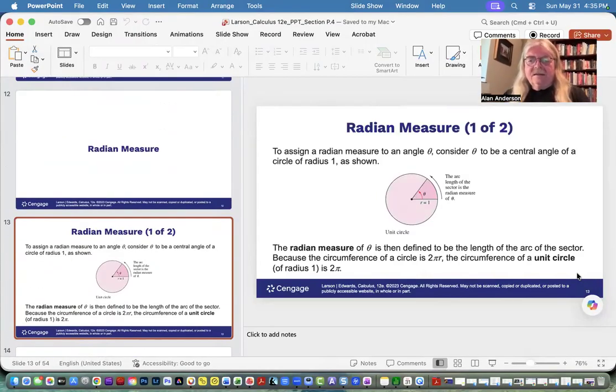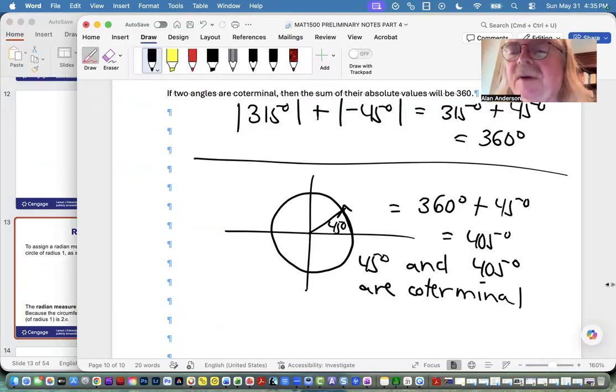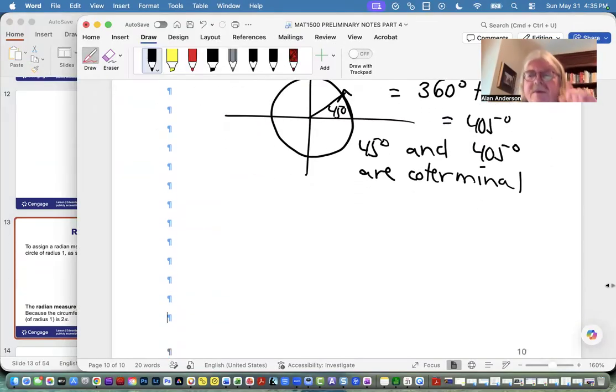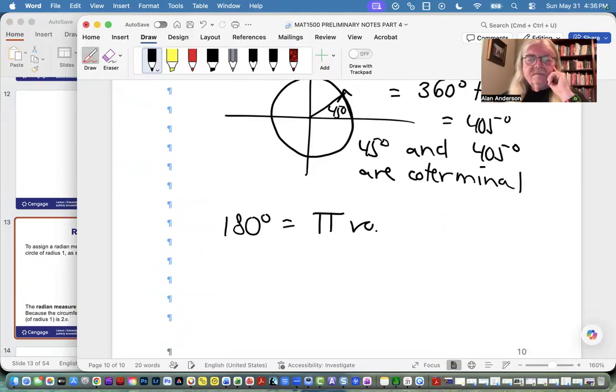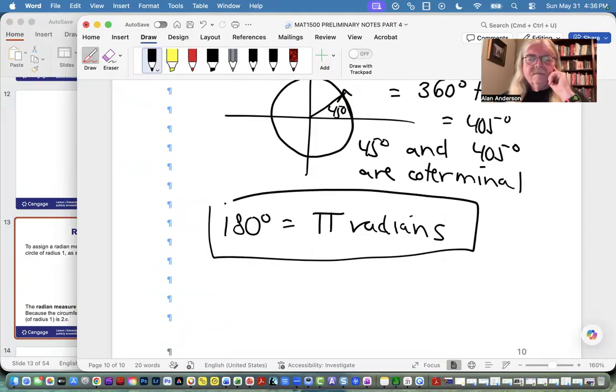Now, radians, in my opinion, the best way to remember how to convert back and forth is to remember this one simple statement. If you remember that, you'll never have a problem.